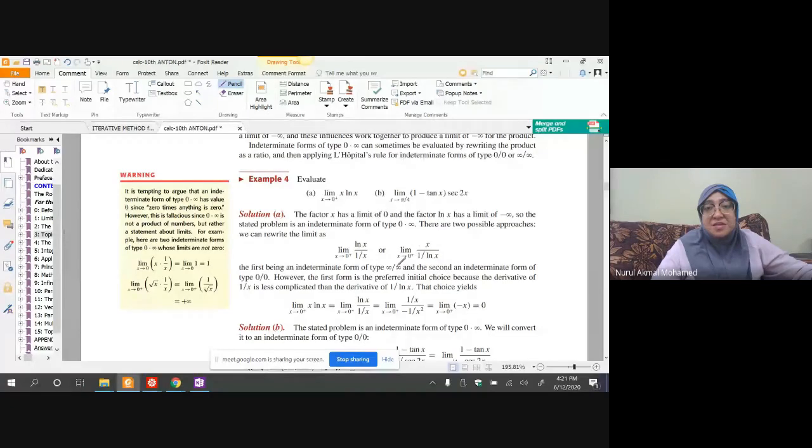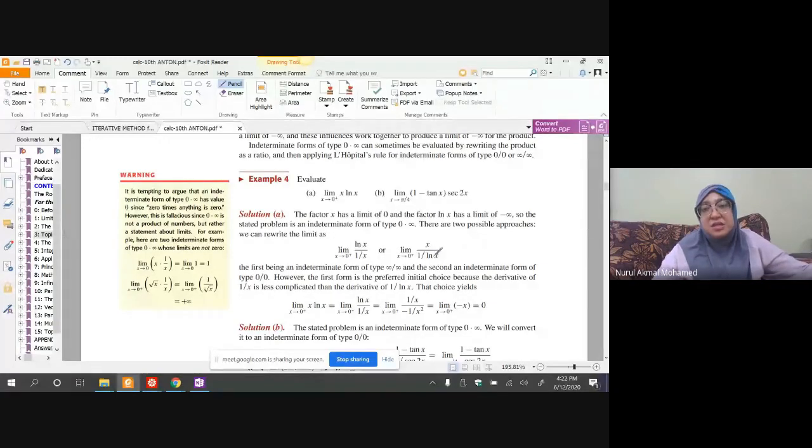Okay, so we have what? If we substitute x tends to 0 here, you will have 0, and this is infinity. 1 over infinity will give you 0. So the answer will be 0 over 0, so you can apply L'Hopital rule.